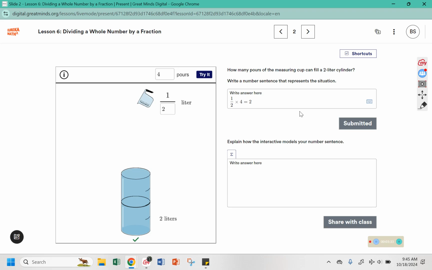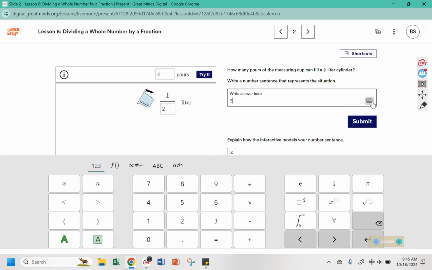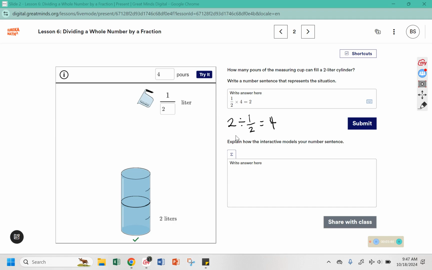Or we could also write the number sentence 2 liters split up. 2 liters split up into half-liter sections would give us 4 of those half-liter measuring cups to fill it.